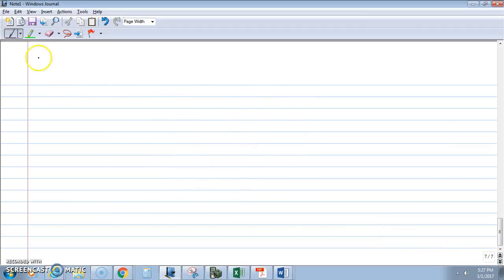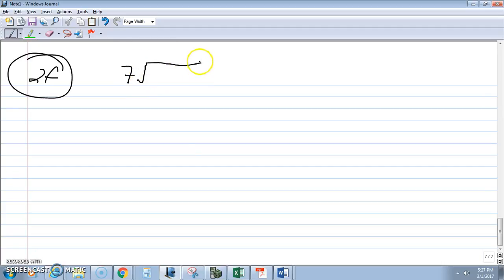2e and 2f. F says 7 times the square root of 4x minus 8, sorry, stop yelling already, and then on the outside, minus 11 equals 17.